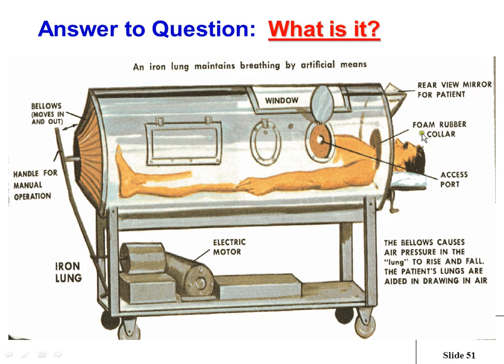The air races into their nose, down into their lungs, and then this little motor will compress that syringe, smashing their lungs. What's it going to do to their chest size? Shrink the chest, increasing the pressure, blowing it out their nose. What are you doing for them? Yeah, this was like the first artificial respirator. It was called an iron lung. It makes them breathe. Breathes in, breathes out.